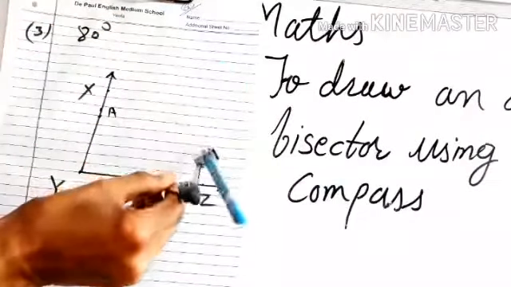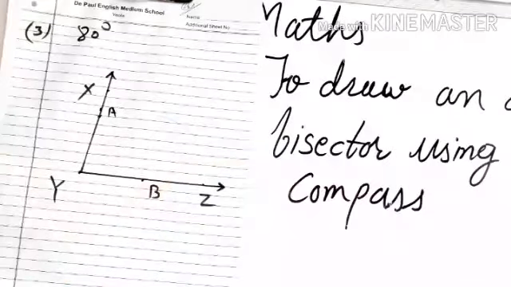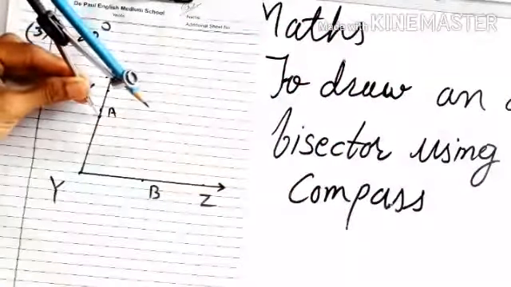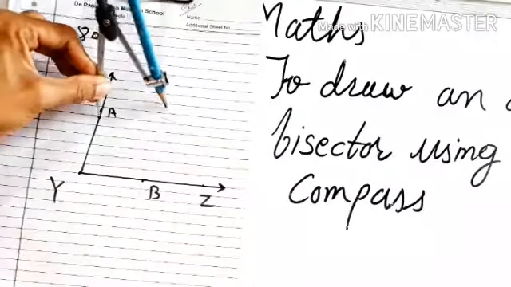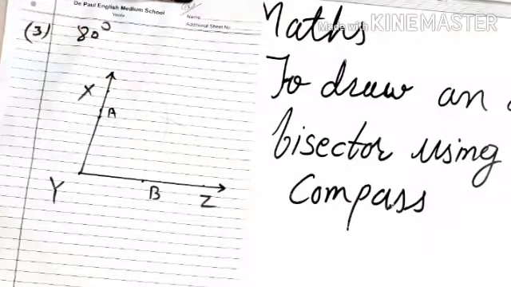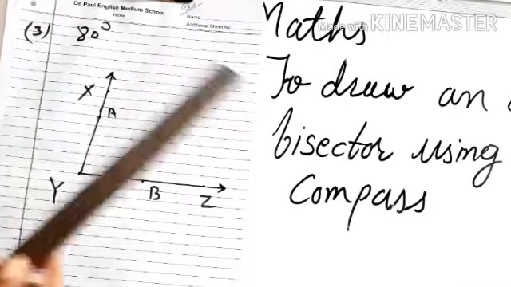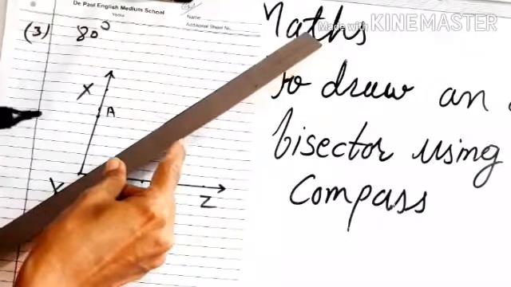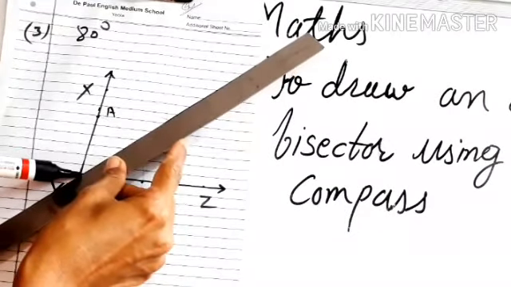Draw one arc inside the angle. Again with the same distance. This is very important. This distance should not be changed. With the same distance from point A, draw another arc which will intersect the first arc. And then join that point of intersection and this point Y.